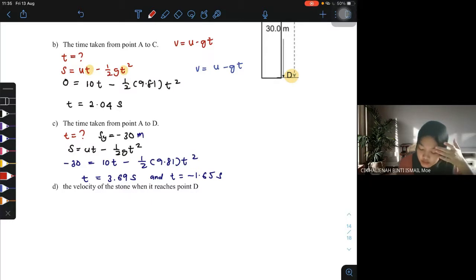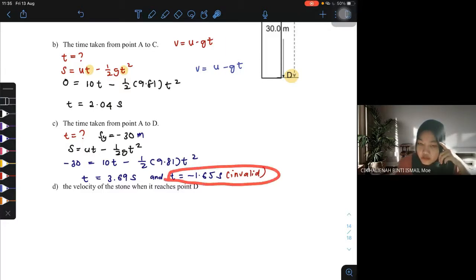So obviously kalau negative, it is invalid. We cannot have time as negative. So this one is invalid. So satu saja jawapan, which is T is equal to 3.69 second. Okay, so kalau dalam jawapan kamu tidak tulis this one, it's okay. It doesn't matter lah. Kamu terus letak T is equal to 3.69 second pun boleh.